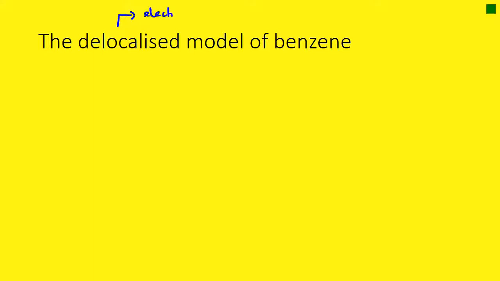Electrons free to roam amongst all 6 carbon atoms. Okay, so that's the delocalized model.